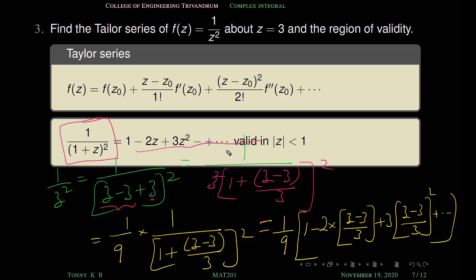So using this known Maclaurin series, we find the series expansion of 1 by z square about z equal to 3. Now this series contains only z minus 3 and its powers, right?